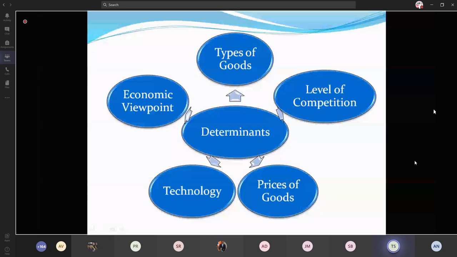Second one is the level of competition. This also influences the process of demand forecasting. While we are doing demand forecasting, we have to decide each and every step. So the level of competition for the products also affects the demand forecasting. For example, if it is a highly competitive market, the demand for the products also depends on the number of competitors.